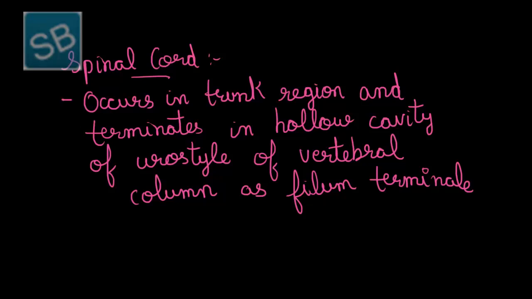Then comes, following central nervous system, another part of the voluntary nervous system, that is peripheral nervous system. As said earlier, peripheral nervous system consists of the nerves that arise from the central nervous system.